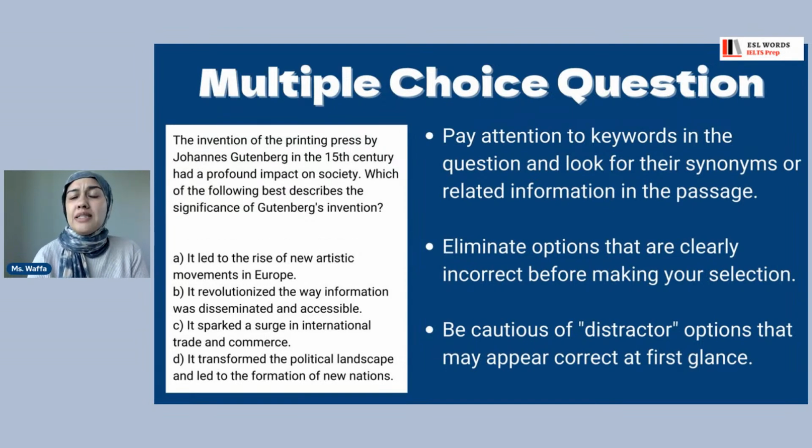And then, guys, the third tip I can give you for the multiple choice question is that you need to be cautious of distractor options that may appear correct at first glance. Remember that because the IELTS exam is an English test, you may get confused and think that you just found the answer because the first two words are the same in the multiple choice selection.